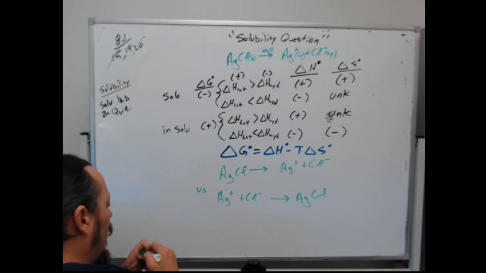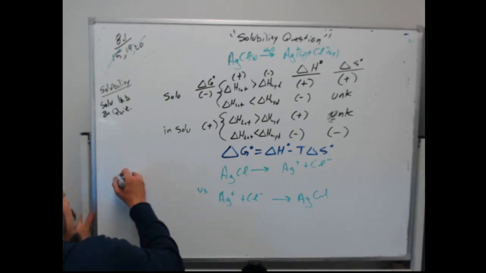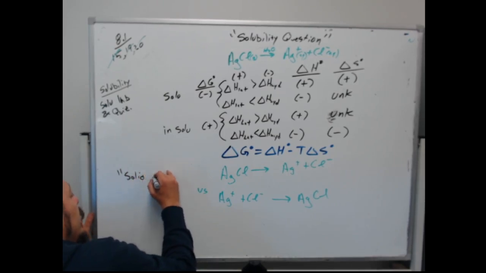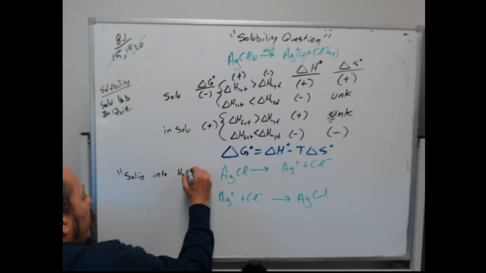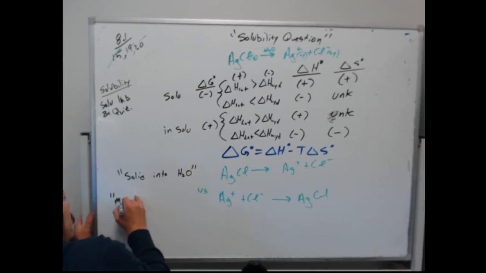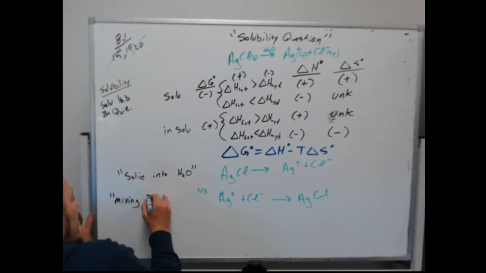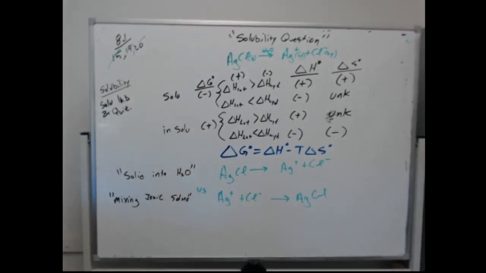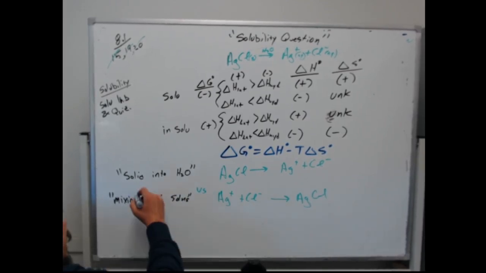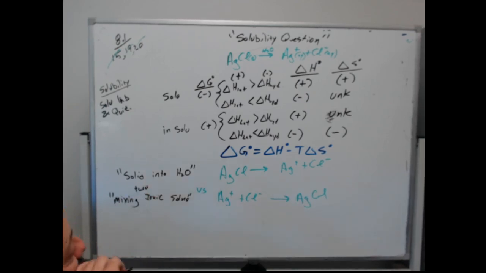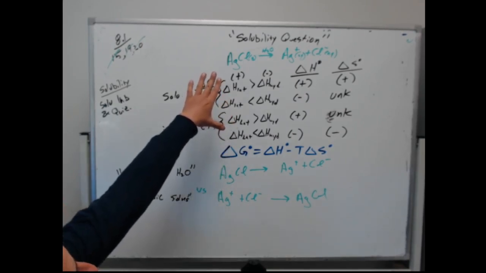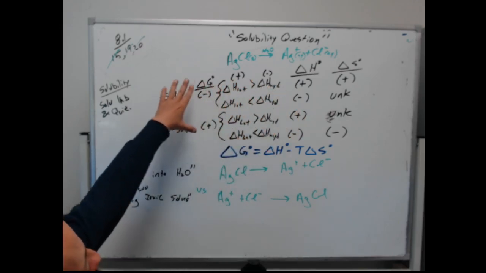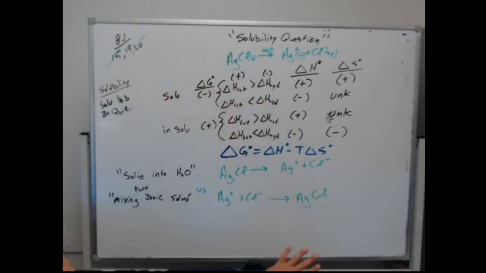The way we call this is solid into water, and this is mixing ionic solutions, or mixing two aqueous solutions, which gets the Ag plus Cl minus. All the logic up here is for the precipitate dissolving. If we wanted to do the precipitate forming, we just flip all of our signs.